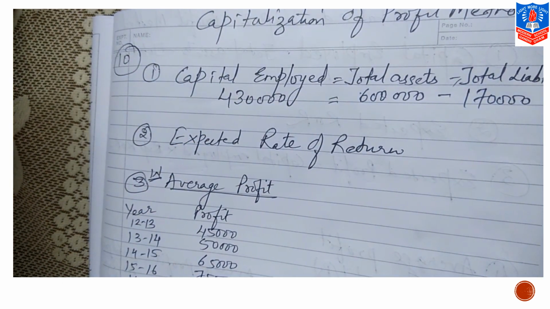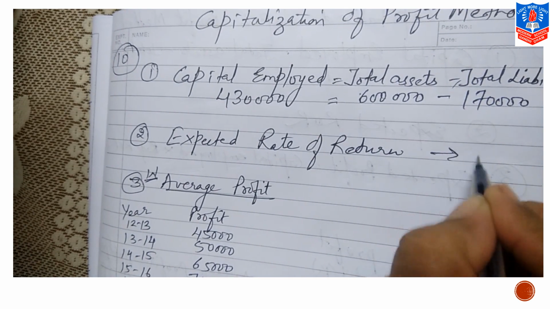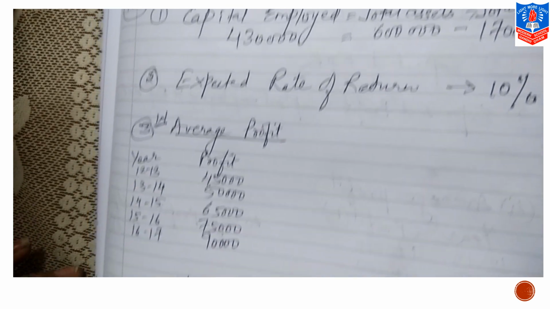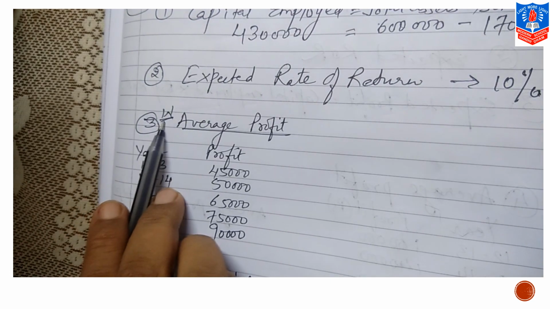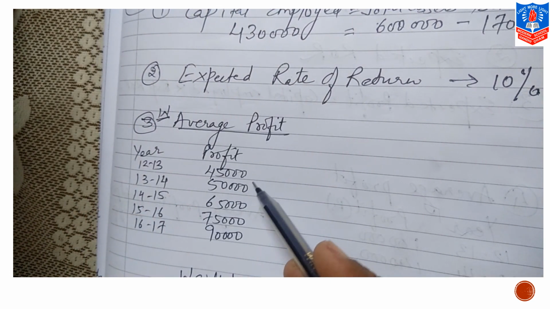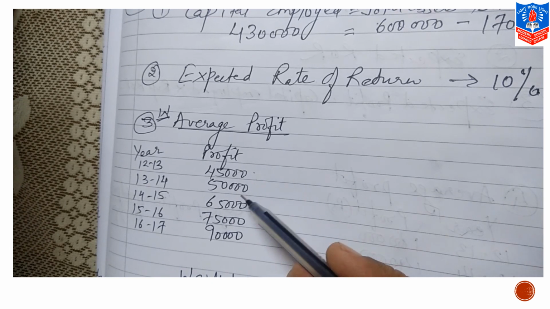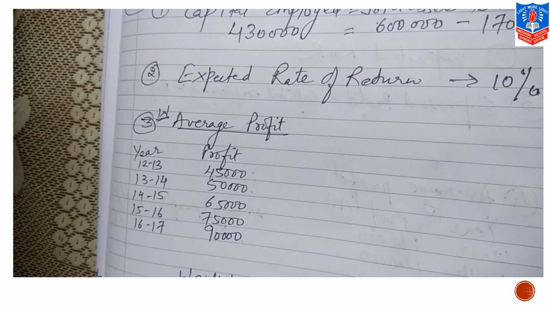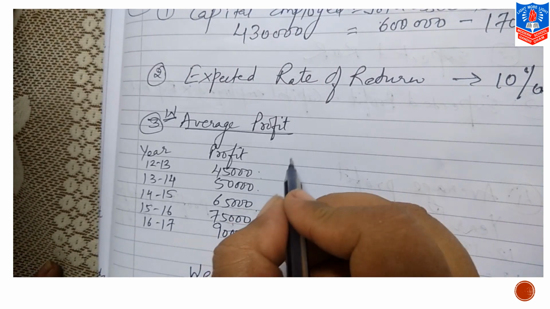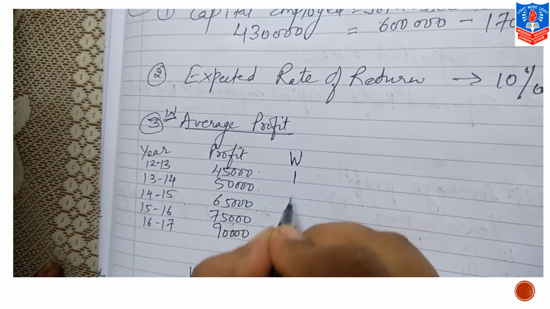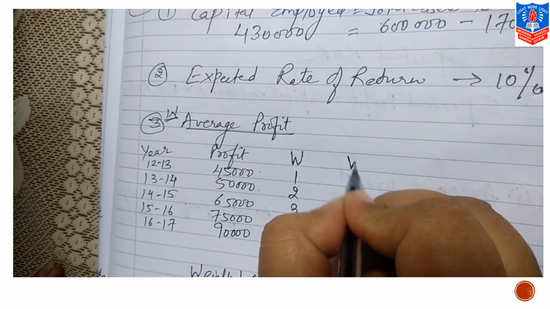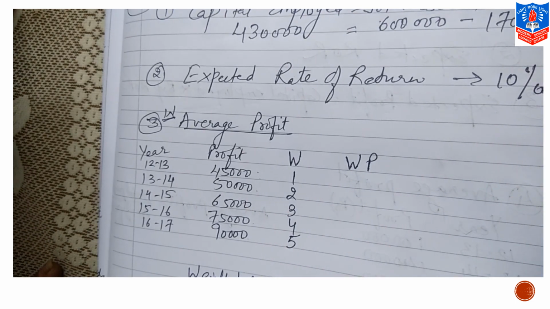Expected rate of return or normal rate of return is directly given to you in the question, that is 10%. Go to step 3, average profit. Why weighted average profit? Because if you see the trend of profit 45, 50, 65, 75, 90, an increasing trend is there. So we will give weights to the profit 1, 2, 3, 4, 5, and we will find out weighted profit on the basis of it.